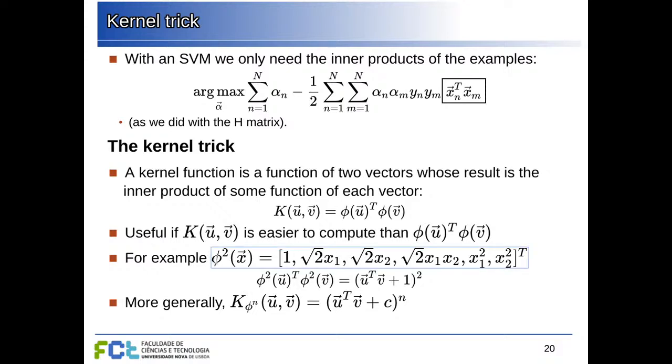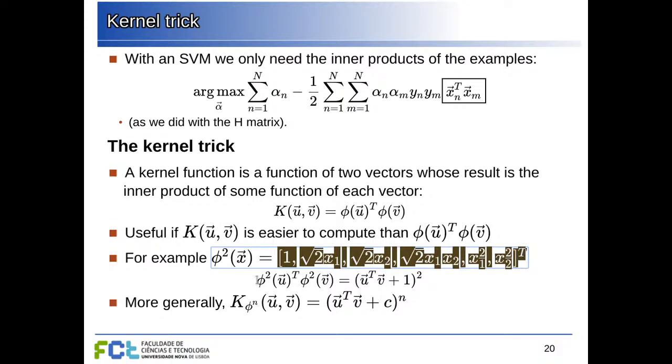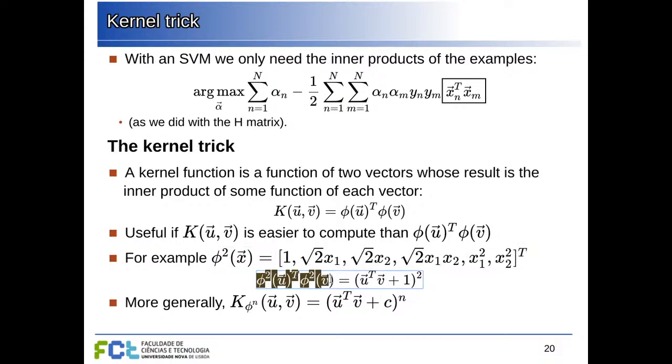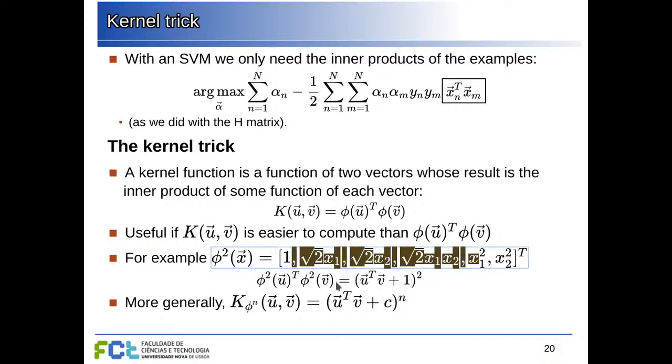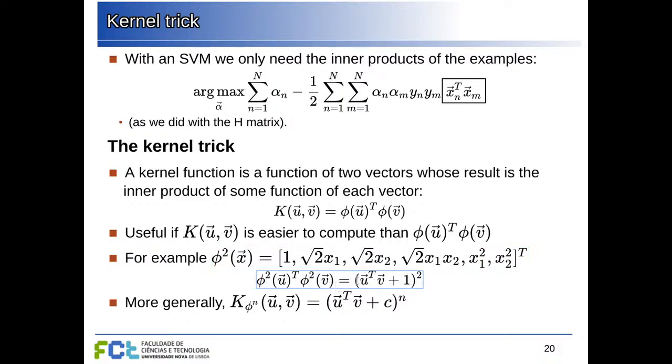So if this function is what we are applying to each vector, then the inner product of the result of these transformations is actually just the inner product of the original vectors plus 1 and then squared. And in general, we can have for this kind of transformation to the power of n, it's just computing the inner product, adding some constant, and then raising to the power of n.